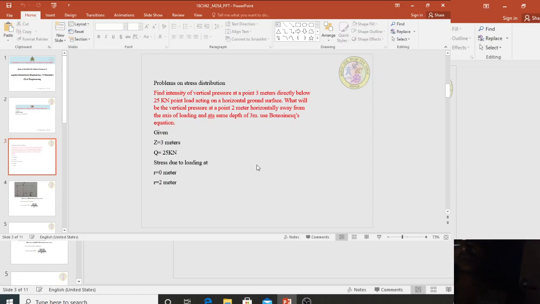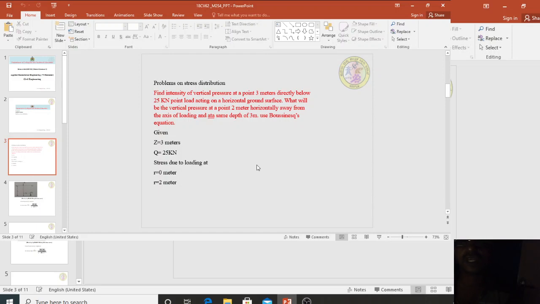So what we have to do? First we have to write down all the things they are given to us. So one is Z, that is 3 meters. Q, the load, is 25 kilonewton. So you have to calculate stress exactly below Q at a depth of Z is 3 meters.